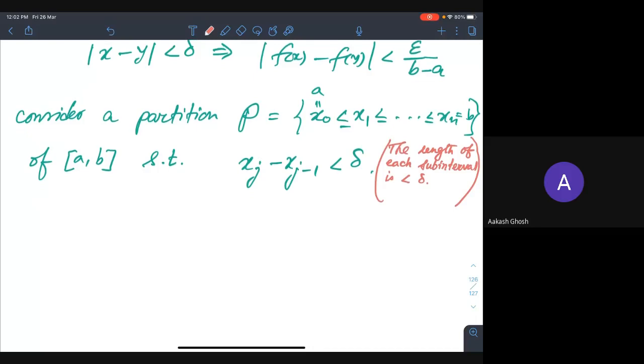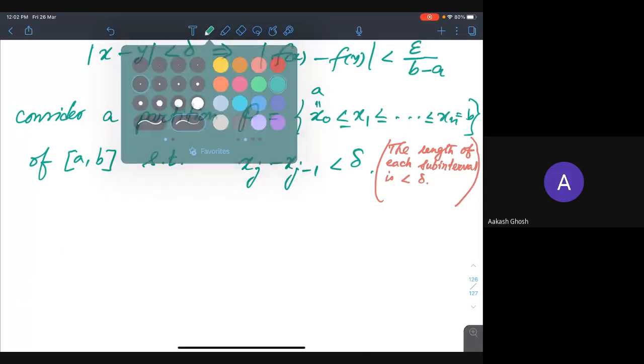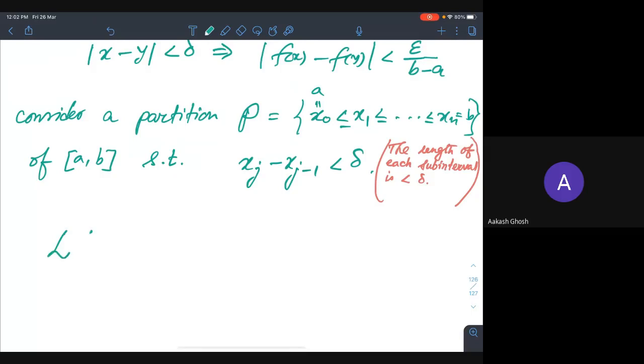Now, U(P,f) minus L(P,f). Let me put it in that way. U(P,f) minus L(P,f), what is it?